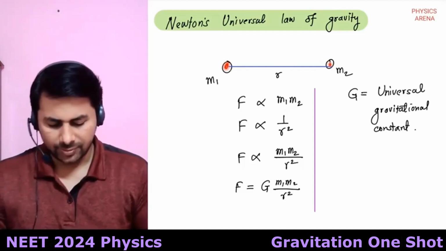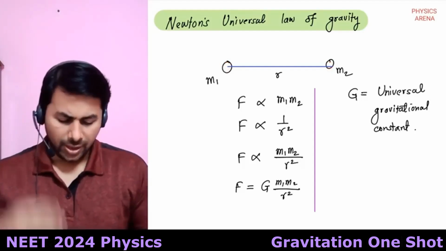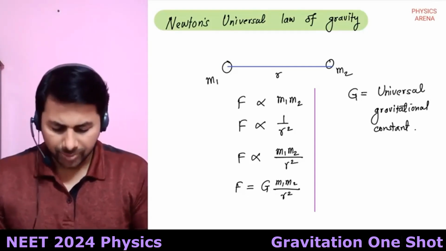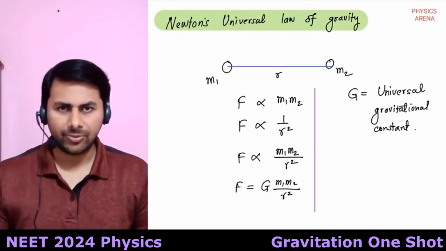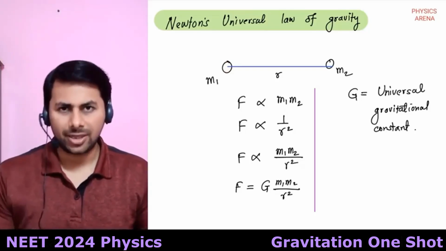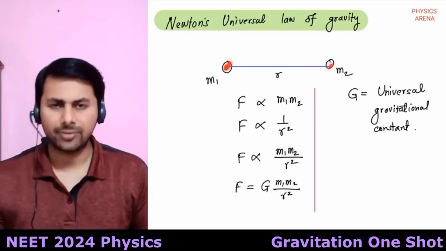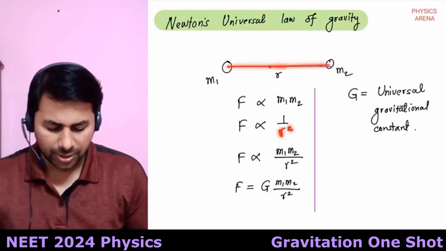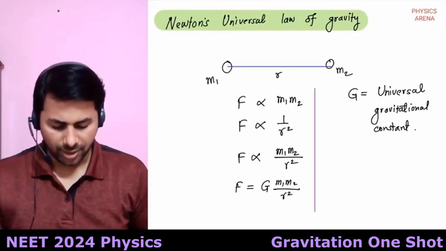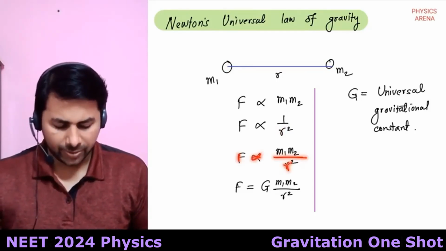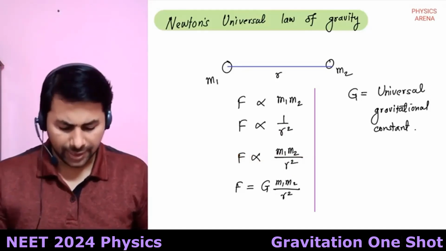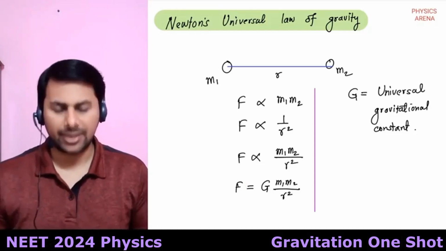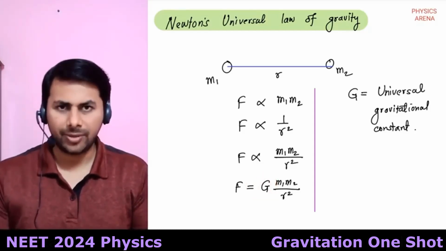You have two masses, m1, m2. Then there will be gravitational force between these two masses. That force will always be an attractive force, and it is directly proportional to the product of the two masses, and it is inversely proportional to the square of the distance between the two. So F is proportional to m1 m2 upon r square, and if you remove the proportionality sign and put an equality sign, a constant will appear.